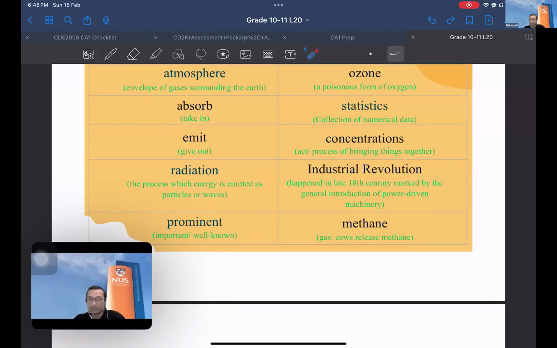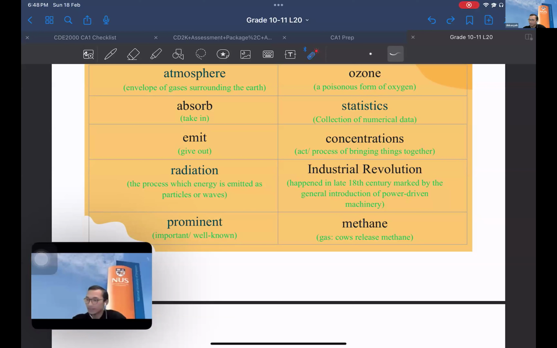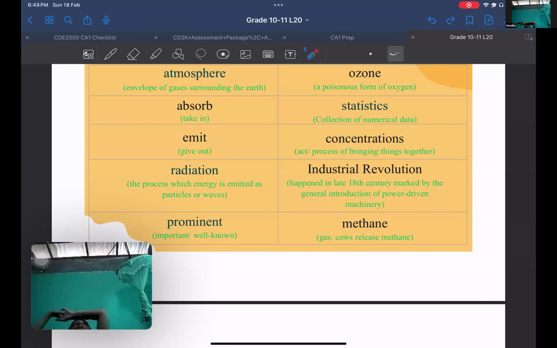Let me just check. Yeah, steam power and mechanization of production. So anything that they produced back in the 1800s is all powered by steam, powered by coal, by fossil fuels, etc. That is actually the first.